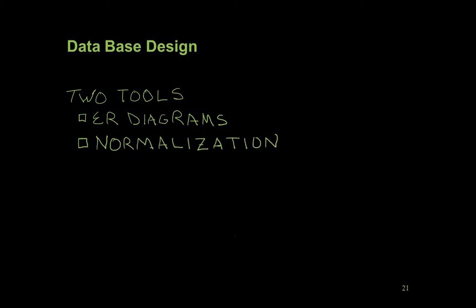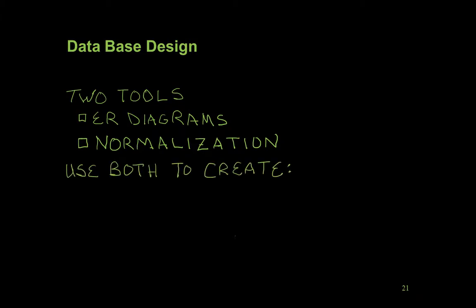And tonight we took a look at the normalization process, a way to help you walk through the data that you need to be concerned with and set it up in the most efficient tables possible to turn that data into information.